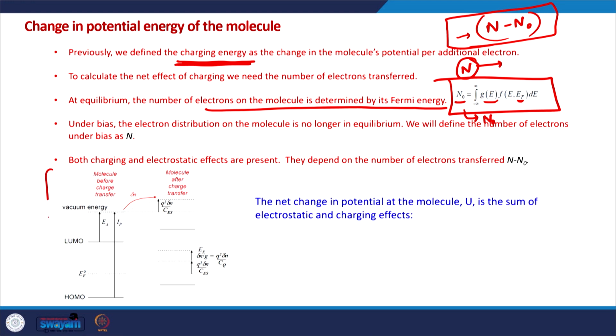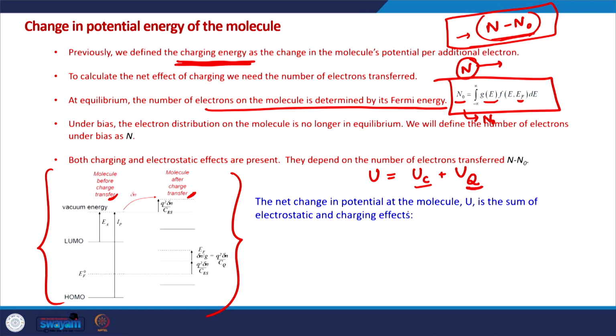this is the picture of the electronic energy levels, both before the charge transfer and after the charge transfer. So the net charge transfer is n minus n naught on the quantum dots. So this will bring a change in the potential energy, which is a sum of charging energy plus the energy because of the state filling.